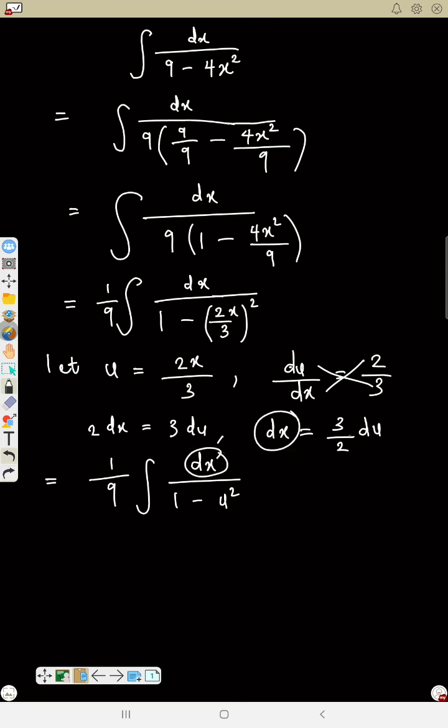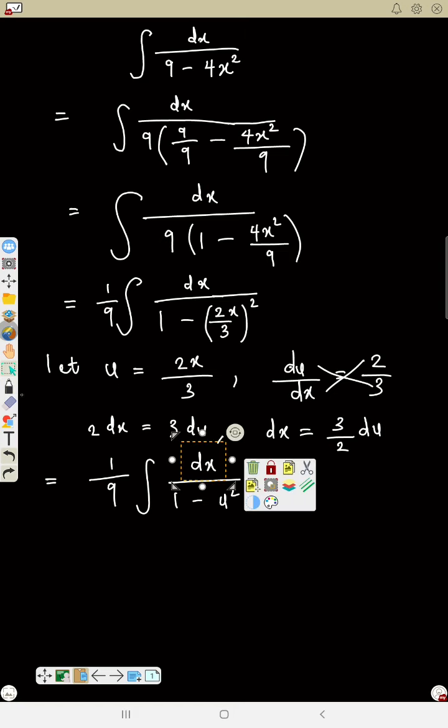I have said ds is what now? 3 over 2 du. So instead of writing ds here, let me leave this as 1 times, and instead of writing ds, I will now write 3 over 2 du, because I found ds. That is 3 over 2 du.